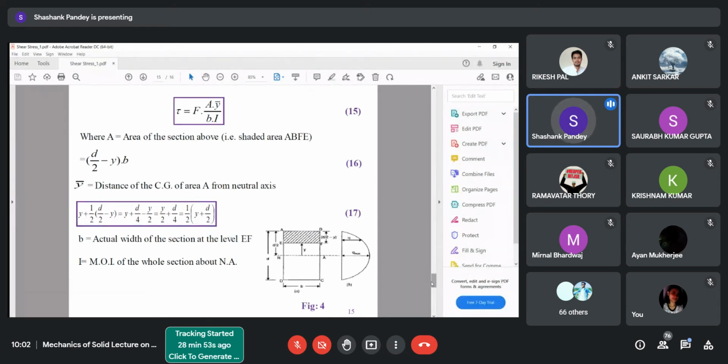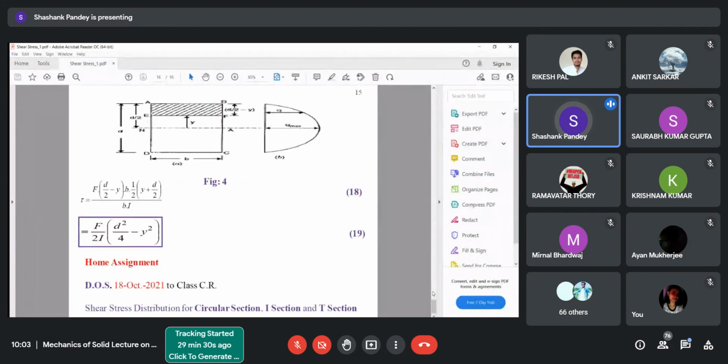So we know all the things in order to derive the shear stress distribution for the rectangular cross section. We will substitute the value of A and the value of y bar in expression number 15, and I we can express in terms of its dimensions B and D. So let us proceed to see how this shear stress distribution will be across the cross section.